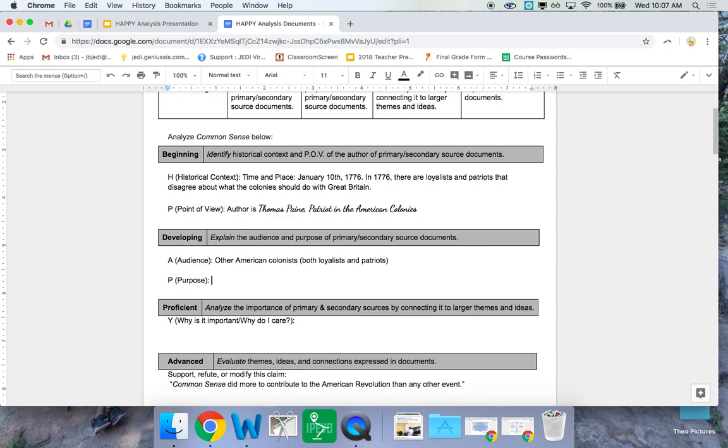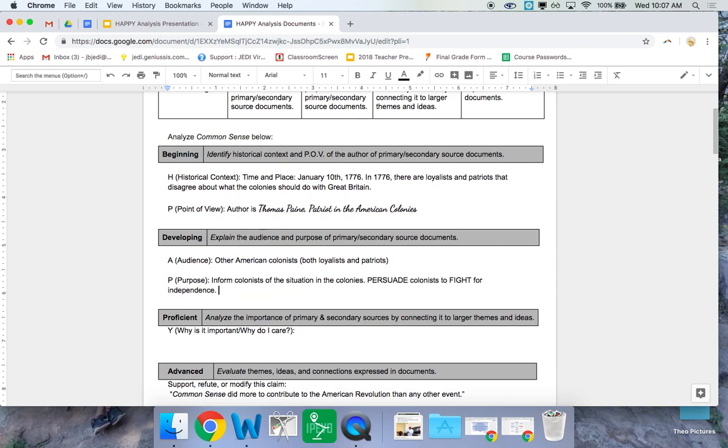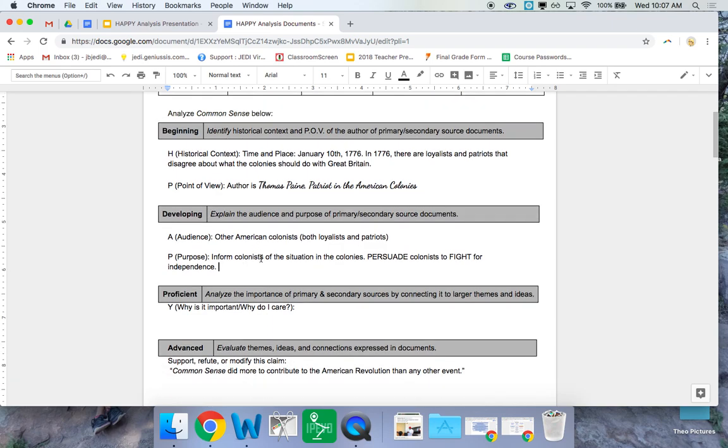The purpose of his message, this is a pamphlet. I'm thinking the purpose of his message is going to be to inform colonists of the situation in the colonies, but also to persuade colonists to fight for independence, because I know that that's what the patriots ultimately are going to do.